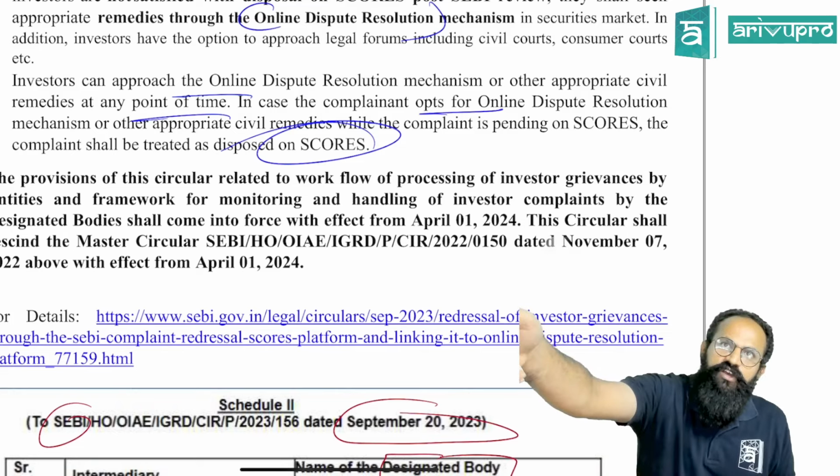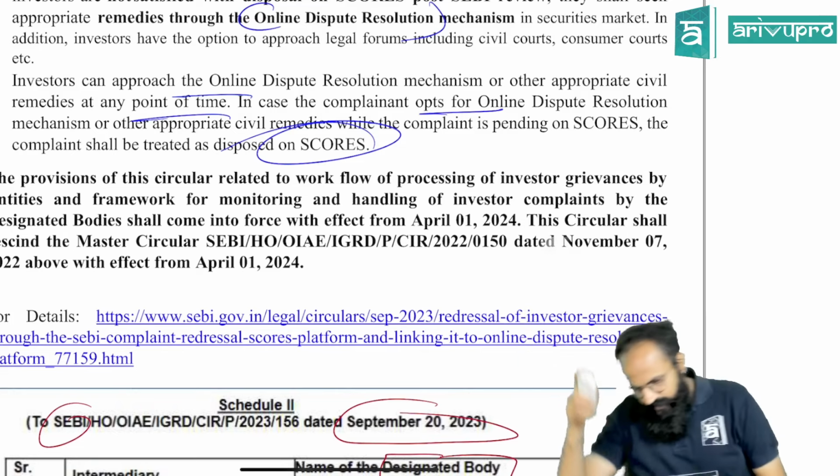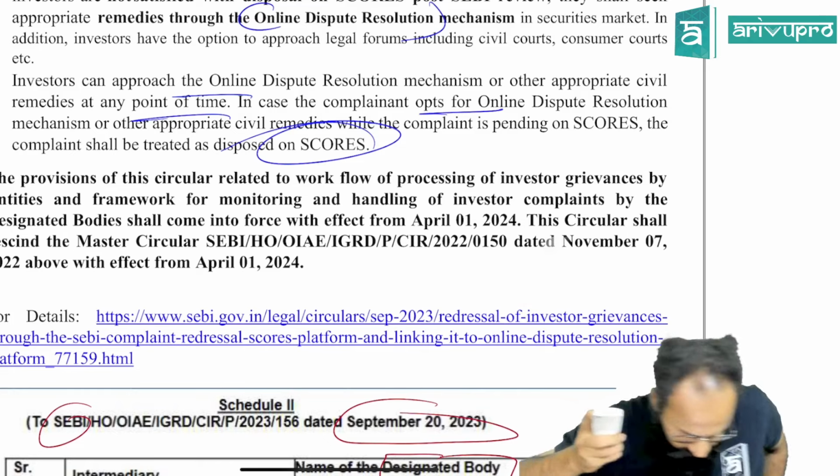This entire thing is your SCORES. I hope this is clear. Any doubts?